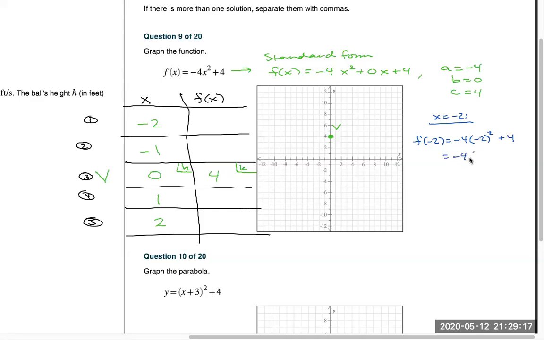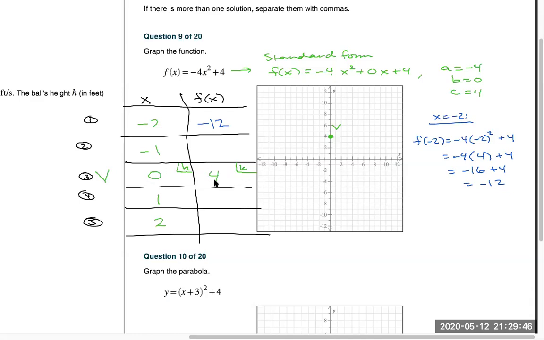That's negative 4 times positive 4 plus 4. Remember, review your exponent rules. That's negative 16 plus 4, which is negative 12. Okay. Just double check here just to make sure. Yep. So we actually get negative 12 here.